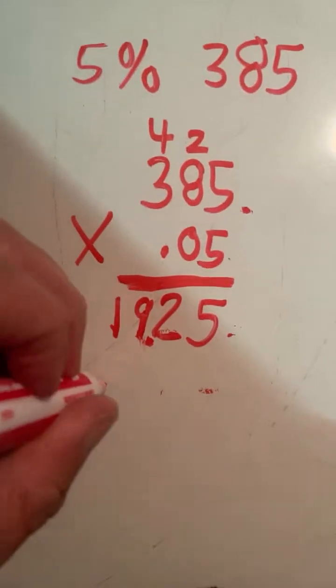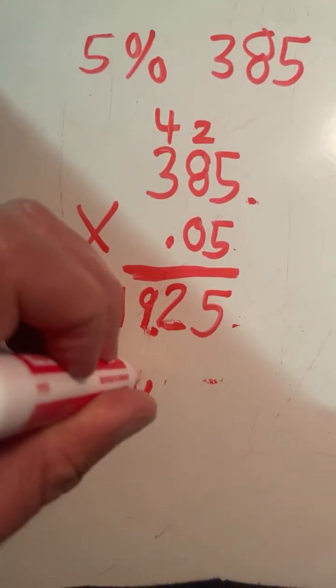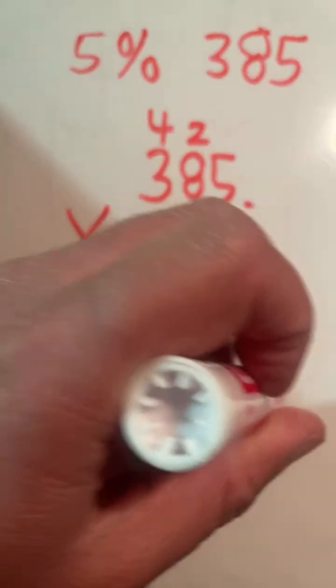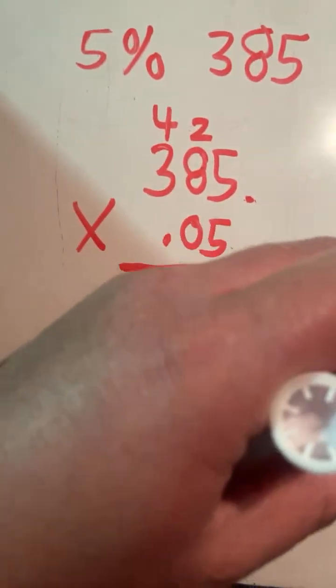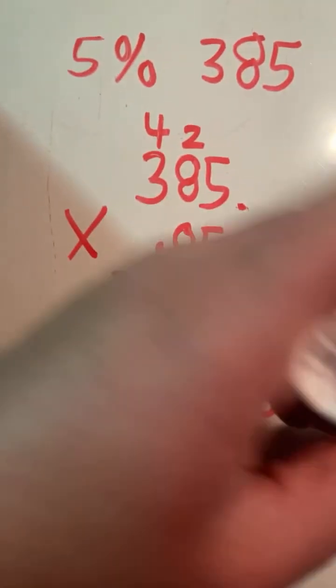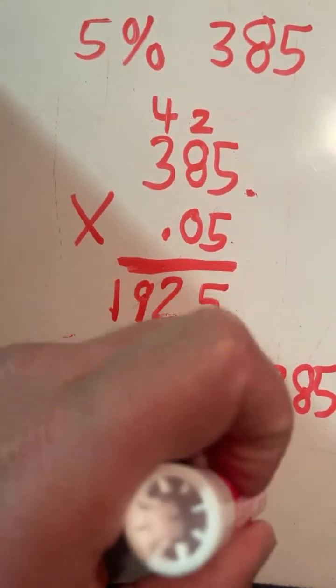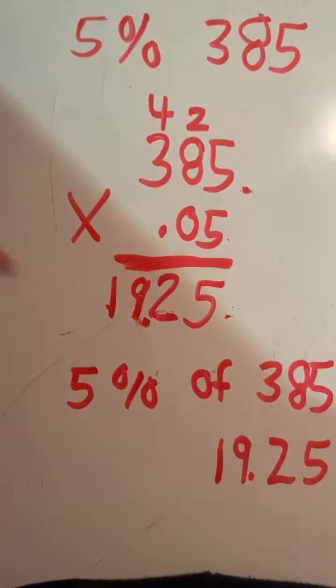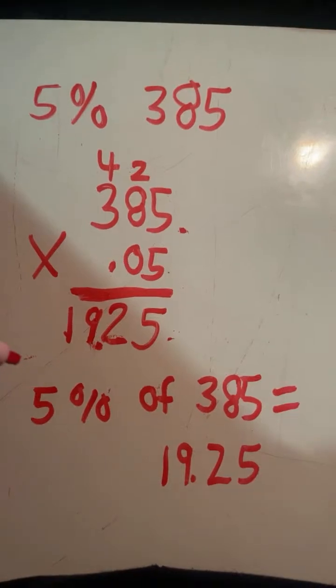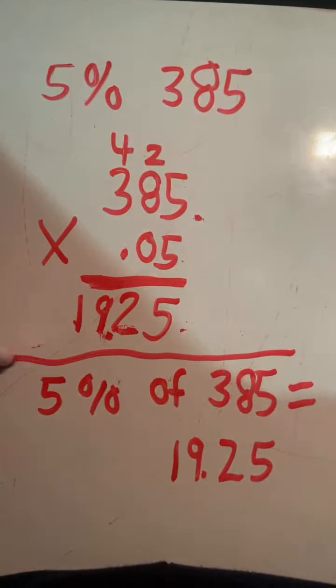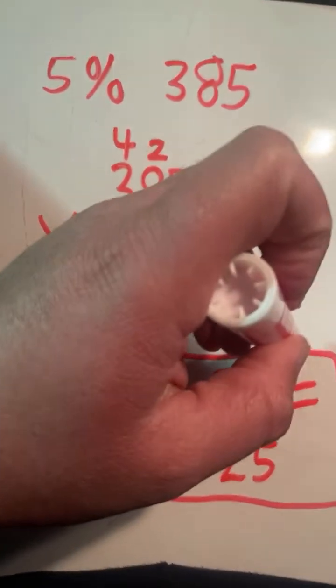So, to write it out so it's clear, 5% of 385 equals 19.25. So that's my percentage problem for the live stream.